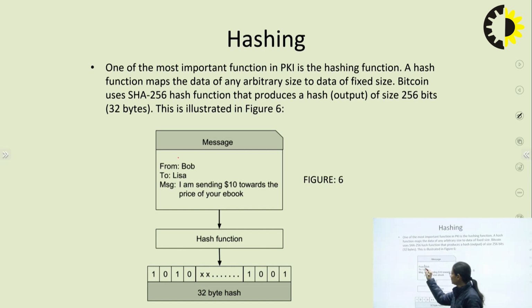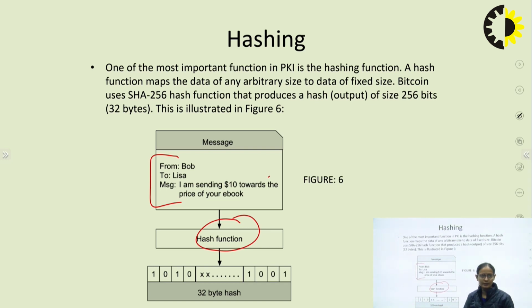You have a certain message, or you could say data, and you pass this data to a hash function, an algorithm, and this algorithm generates a 32-byte hash value. If someone gets this hash value, then with the help of it they cannot get the original message. It is of size 256 bits, and it is in hexadecimal format.